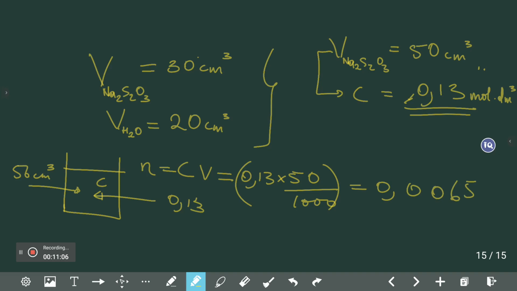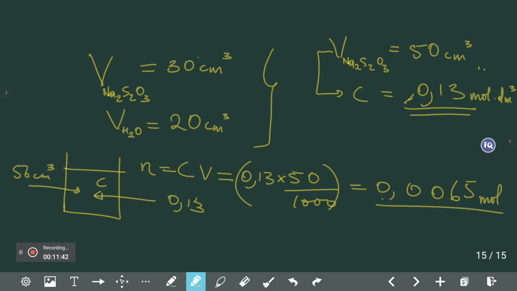So it's 0.0065 what? Mole. The number of moles. This is not going to change. That's what we are saying. This is how you get the concentration when you dilute.